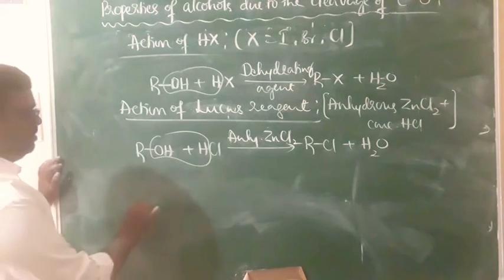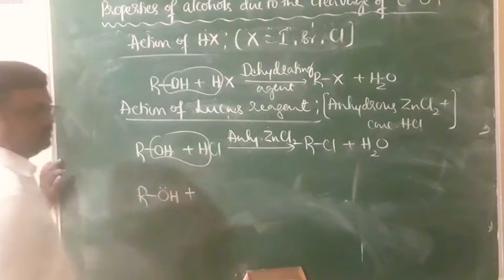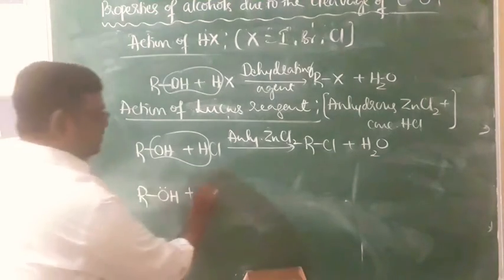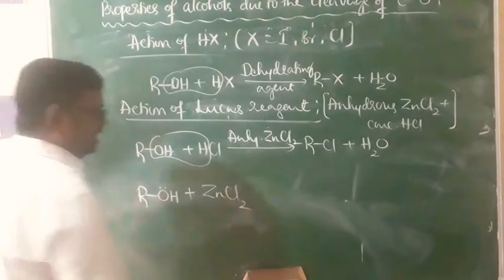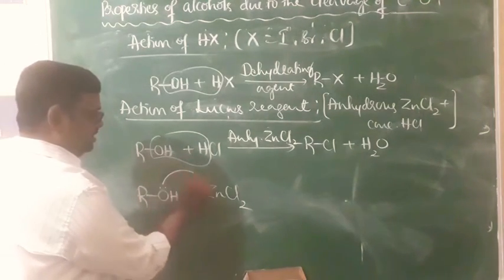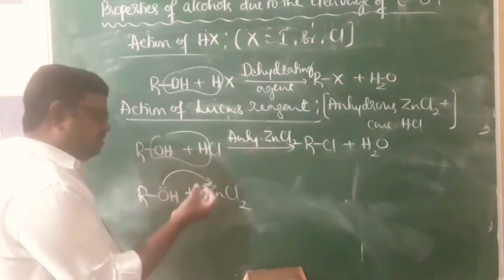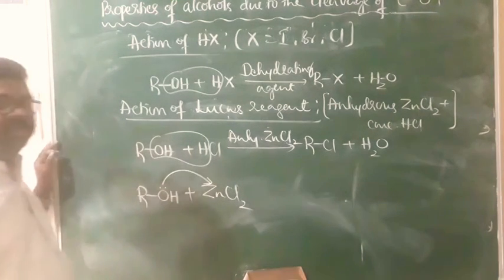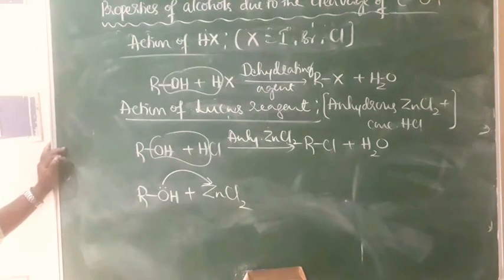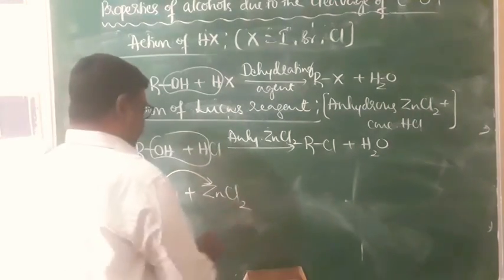In this particular reaction we have a lone pair of electrons on the alcohol, and anhydrous zinc chloride is there. Zinc chloride, being a Lewis acid, is going to accept the electron pairs donated by the alcohol.